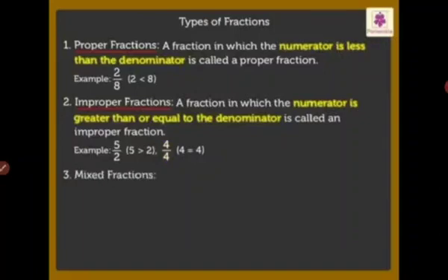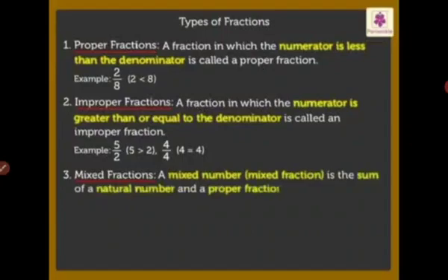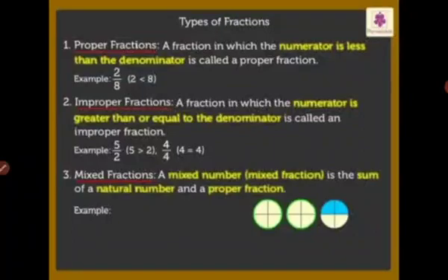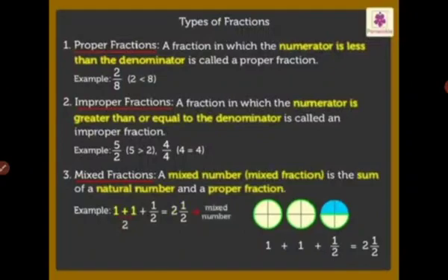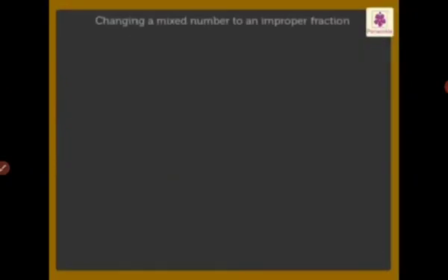3. Mixed fractions. A mixed number, also called as mixed fraction, is the sum of a natural number and a proper fraction. Look at the 3 circles. The first and second circles are completely colored and half of the third circle is colored. When added together, we get 2 and half. This 2 and half represents a mixed number. Here, number 2 is the natural number and half is the fraction. Now, let us change a mixed number to an improper fraction.